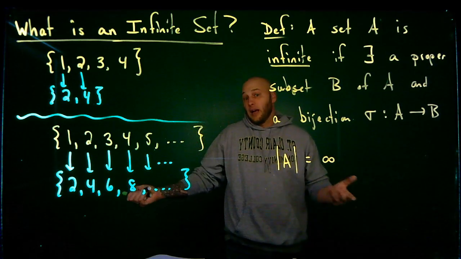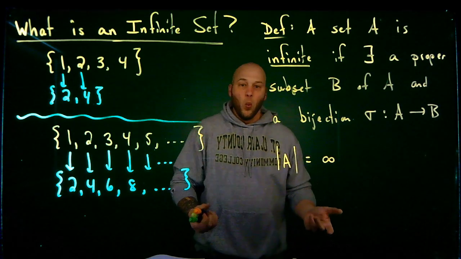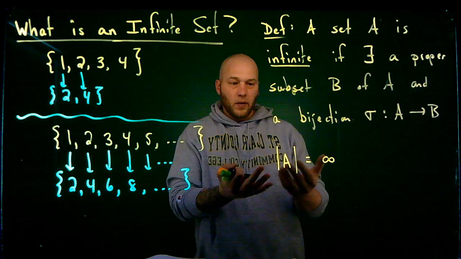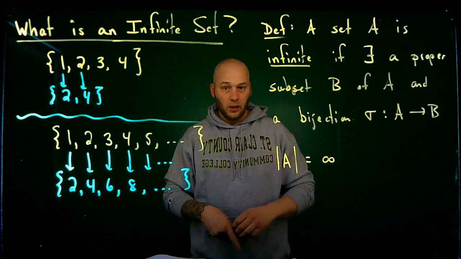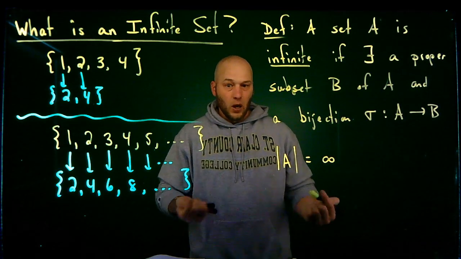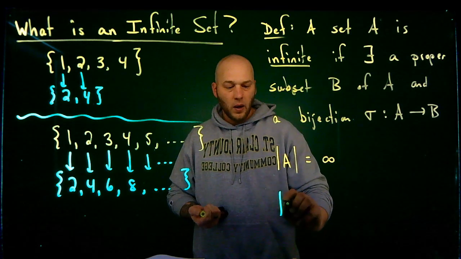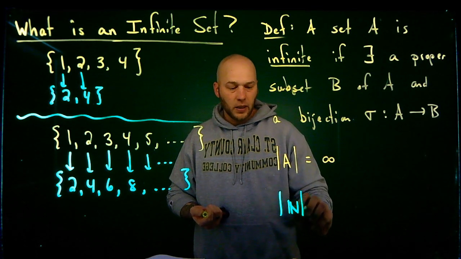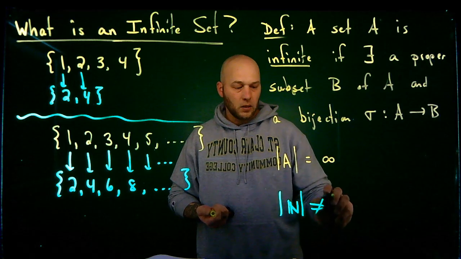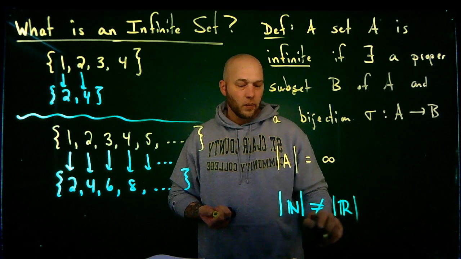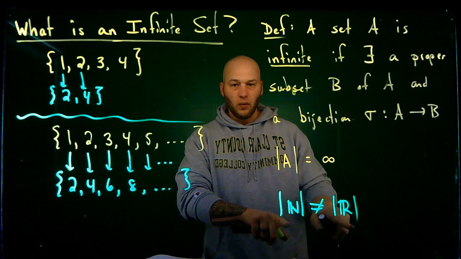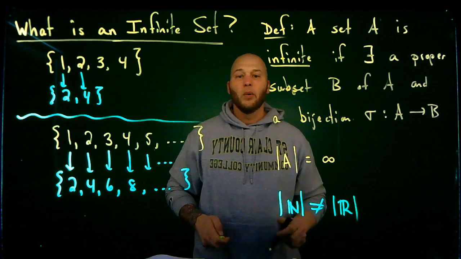Is there anything beyond that? Just to say that the order of A is infinite doesn't necessarily mean that we know the size of A, because, and I'll do this in a different video, the order of the natural numbers is not the same thing as the order of the real numbers, even though both of these are infinite, right? This one's countable, this one's uncountable.